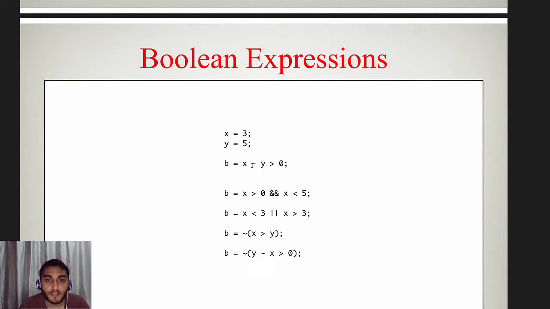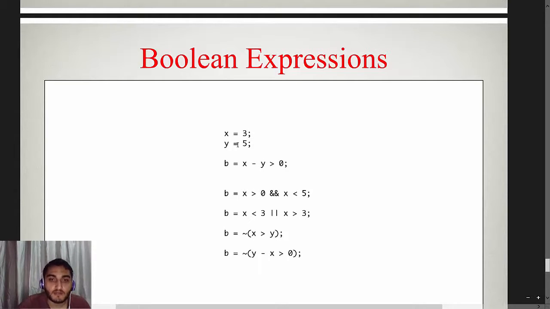For the Boolean expression, x equal 3, y equal 5. Let's look at that. x minus y larger than 0 equal to b, something like true or false, okay? But this one changes with each variable, so this is my temporary result. x is 3, y is 5, 3 minus 5 larger than 0 is false, so b is false. x larger than 0, 3 larger than 0, 3 smaller than 5, yes, both are true, so b again is true.